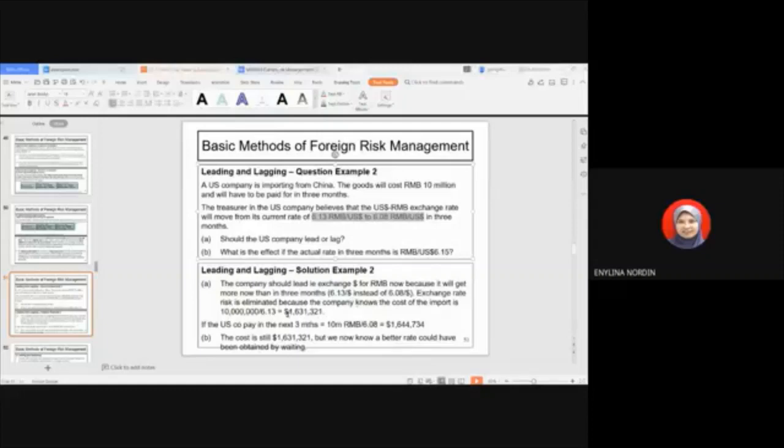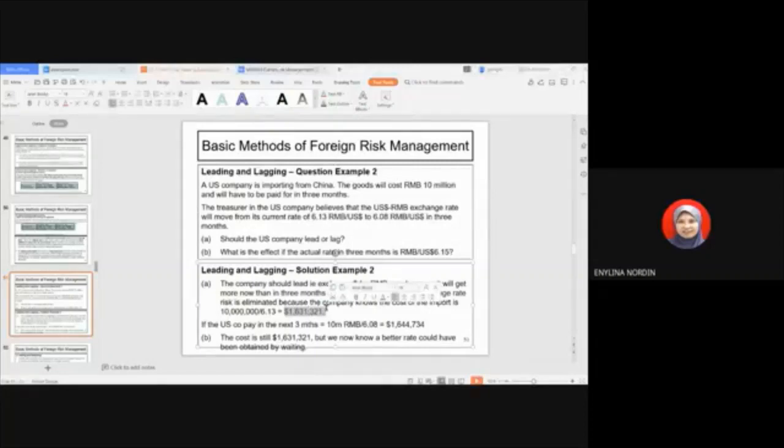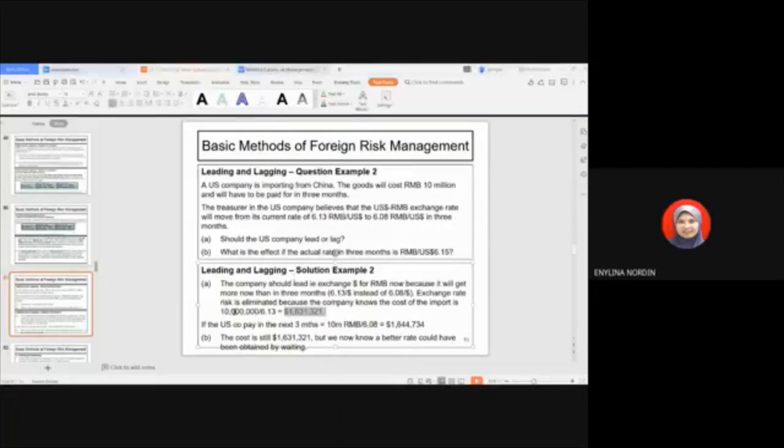Therefore, the amount of dollars that the US company should pay for 10 million RMB equals 1,631,321 dollars. This is the amount of dollars that should be converted into RMB to pay 10 million RMB to the China supplier. So this is the leading strategy.